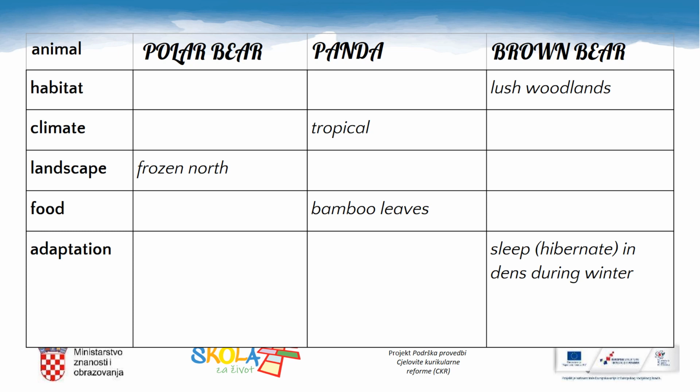Your task is to take notes about the bears concerning their habitat, climate, landscape, food, and how they have adapted to the area where they live. Some of the answers have already been given. Copy the table into your notebook, watch the video, and take notes.